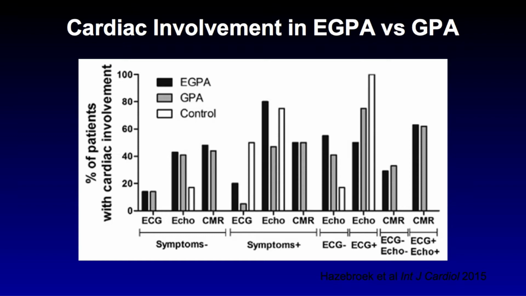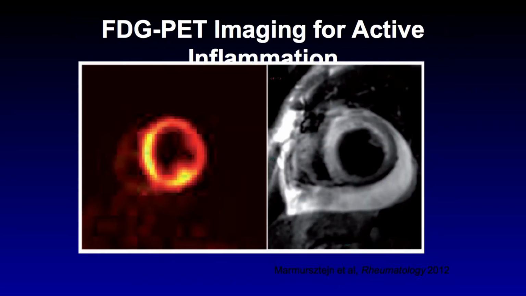Interestingly, in this cohort of only 10 patients, probably one of the only series in the literature where both PET scans and MRI are done, among patients in remission with persistent late gadolinium enhancement on MRI, about one-fifth do have PET evidence of a very active inflammatory process ongoing.